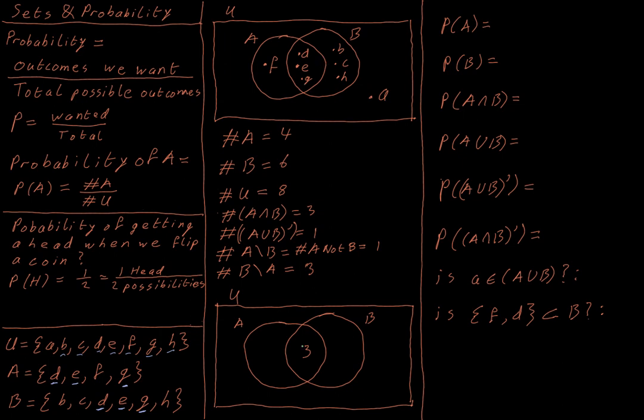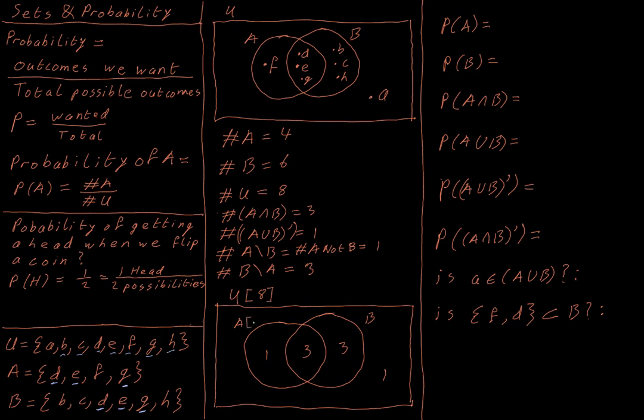We have 3 elements in A intersection B. We have 1 element only in A, or in A not B. We have 3 elements in B not A, and we have 1 element in A union B complement. So what's outside of A union B? And we can fill in square brackets the totals.